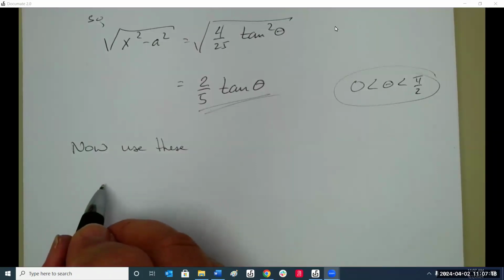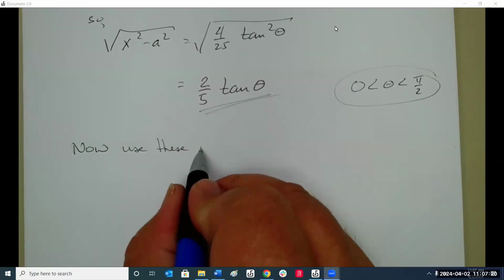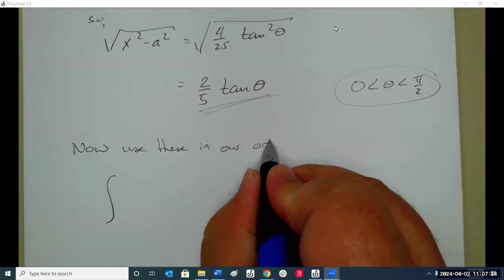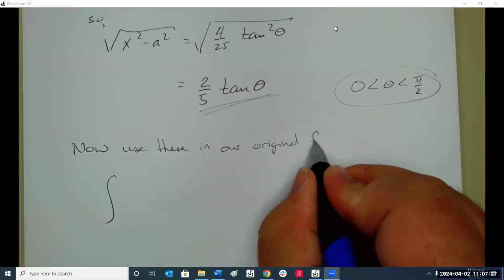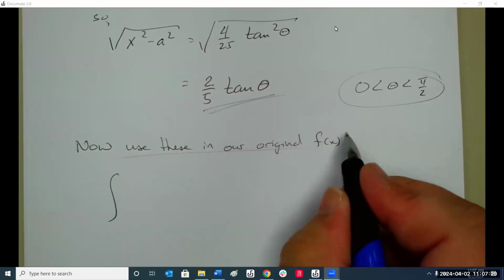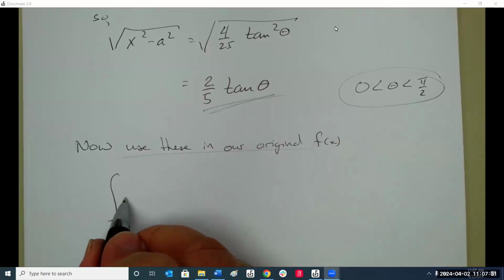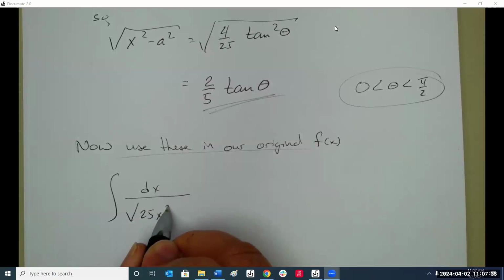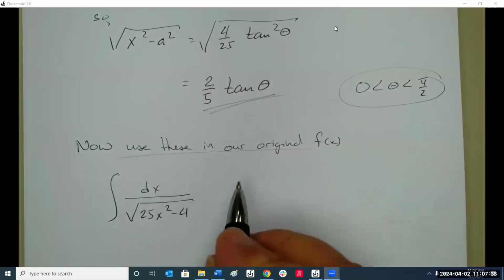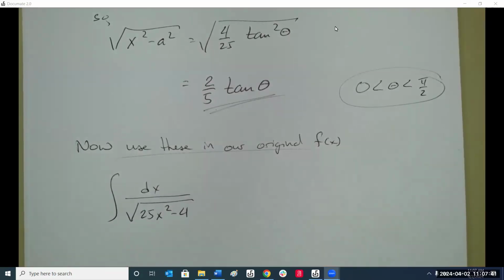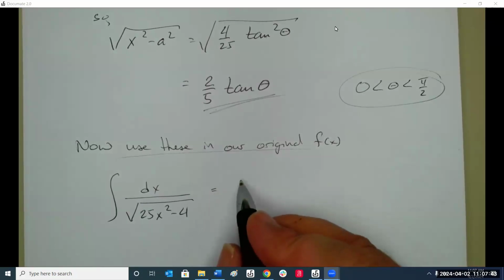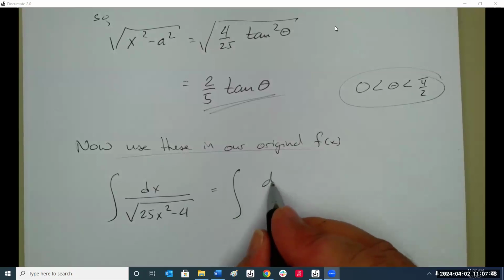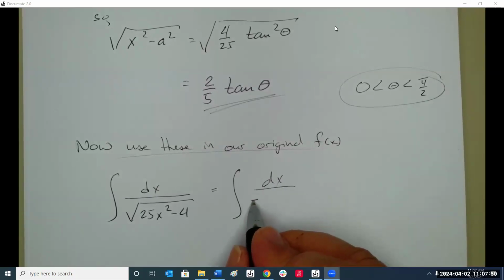It's our original equation. In our original function, our original equation was dx over square root of 25x squared minus 4. First thing we did, we got rid of that coefficient.